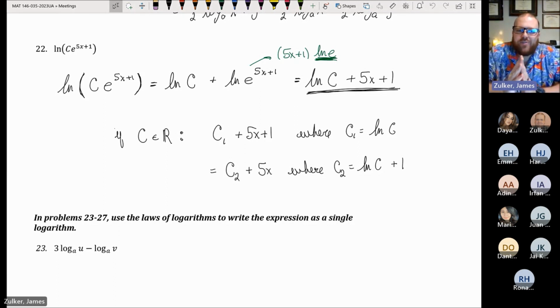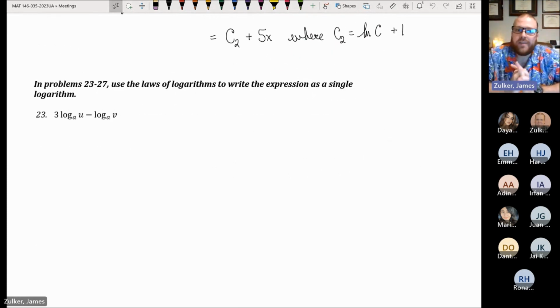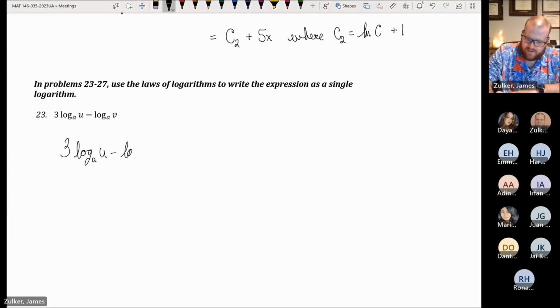We can only do this if the logs are of the same base. Which, of course, for these problems, they will be the same base.